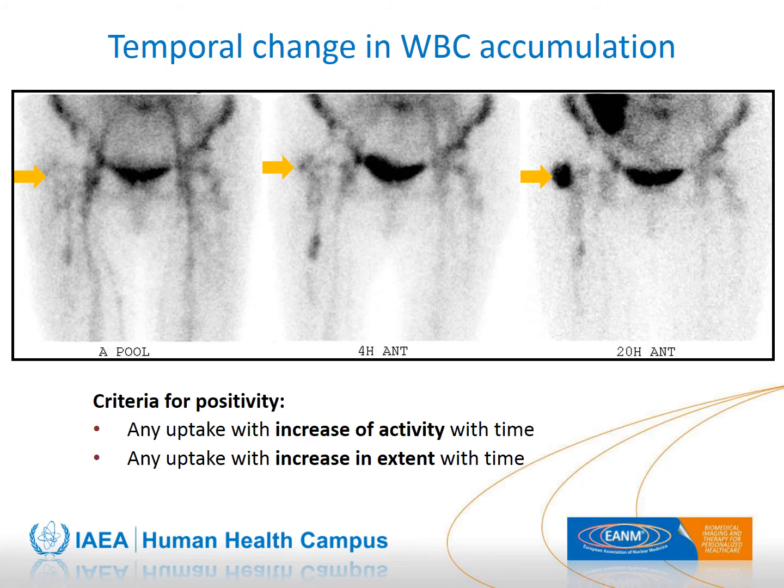This scan shows increasing activity in the right hip joint with almost no activity at 1 hour, a minimal amount of accumulation at 4 hours, but a definitive area of increased uptake at 20 hours. Another criterion is also the extent of the increase in uptake, which is clearly seen between the 4 and the 20-hour imaging, with a far larger area of uptake on the 20-hour imaging over time.